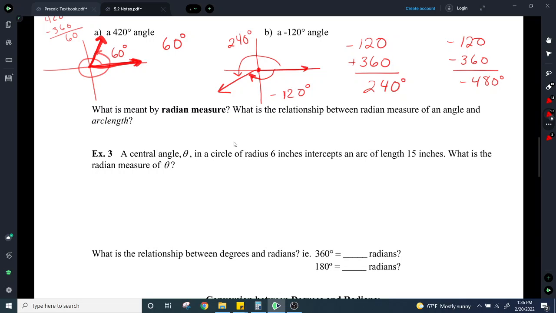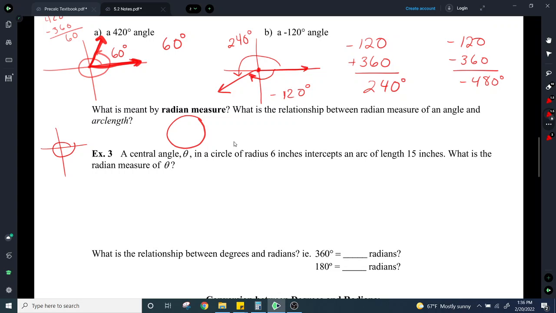What is meant by radian measure? I won't get into all the details of where it comes from, but basically what you just need to remember is that it's another way of measuring angles. It says, what is the relationship between radian measure of an angle and arc length? If we think about a circle, when we draw these images and go 360 degrees, you can kind of think of it like a circle.